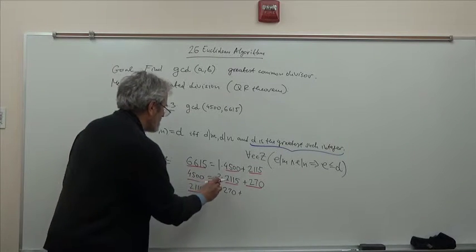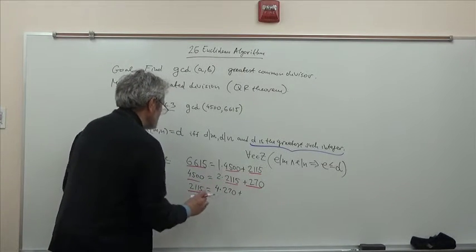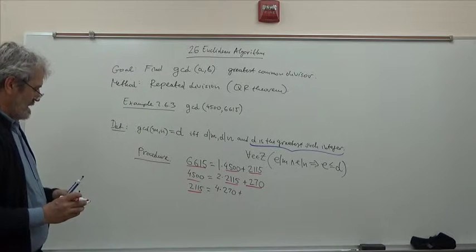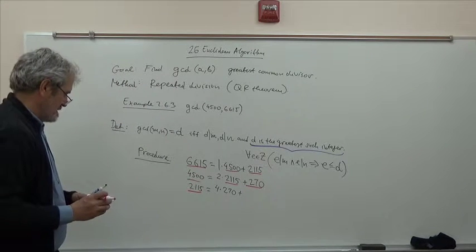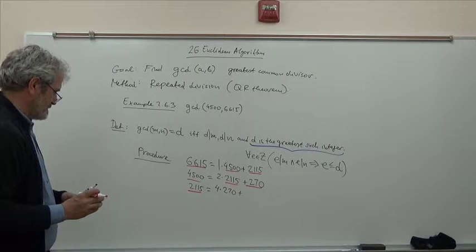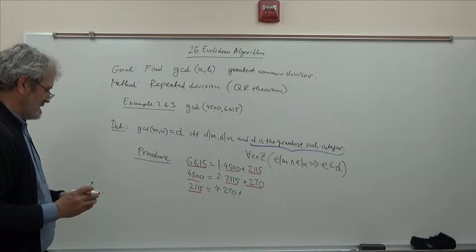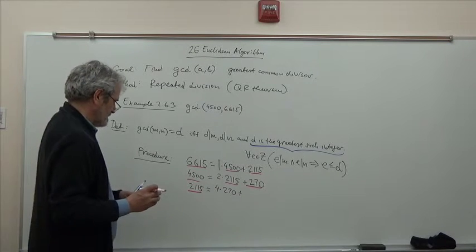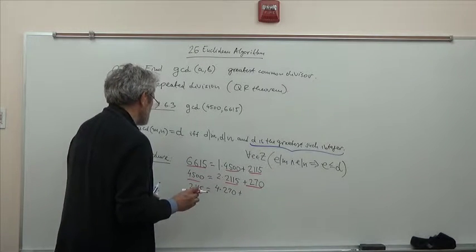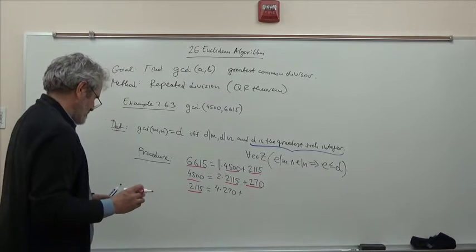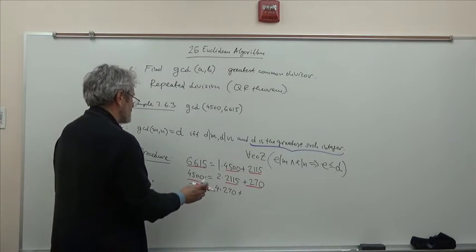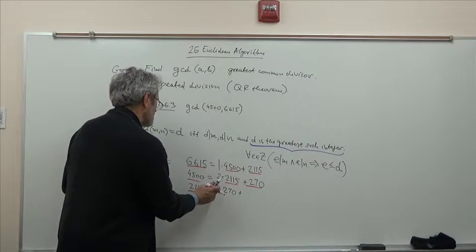Probably 4. 4 times 270 is 1080, and what's left is, no, not 4, maybe 9, maybe 8.